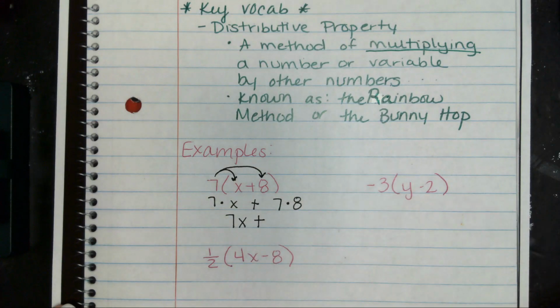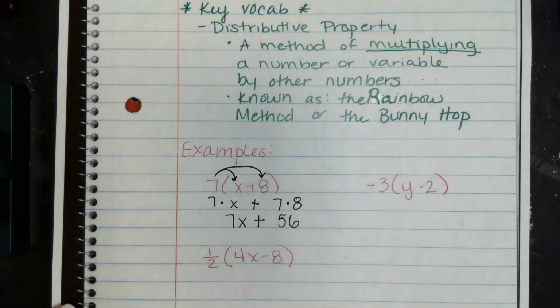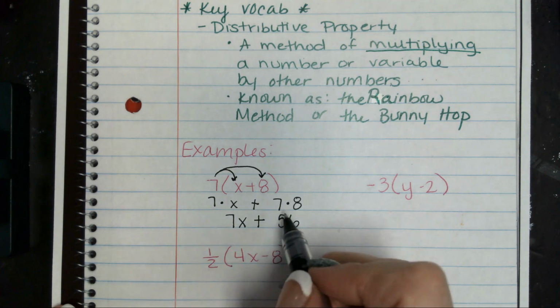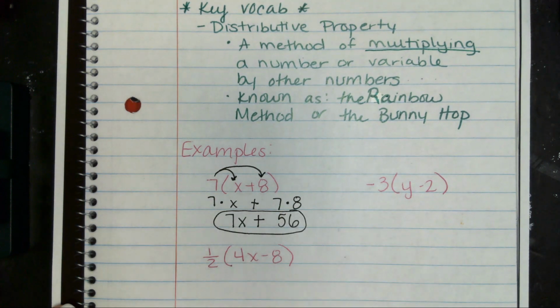And then now I'm going to go 7 times 8. 7 times 8 is going to be 56. Now this is where we're going to stop. There's no equal sign here, so we don't have to take it any further. This is our final answer because we are simplifying using the distributive property. So our final answer would be 7x plus 56.